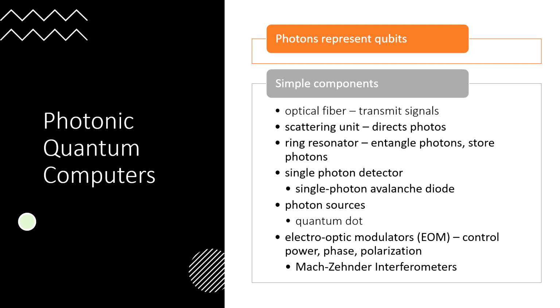Another important component is the electro-optic modulator, and those typically control things like power, phase, or polarization. A good example of that would be Mach-Zehnder interferometers, but you can also technically have things like beam splitters or phase shifters, and that will come in next.